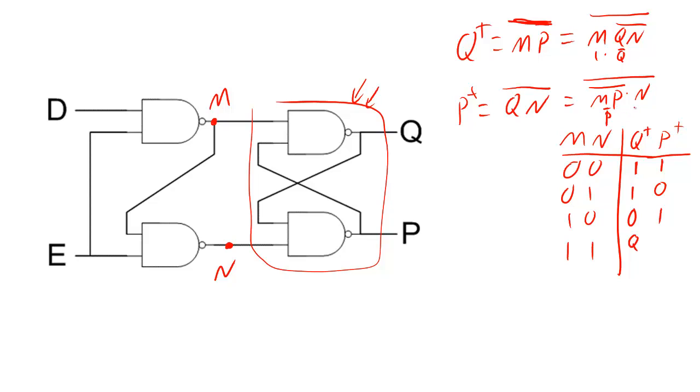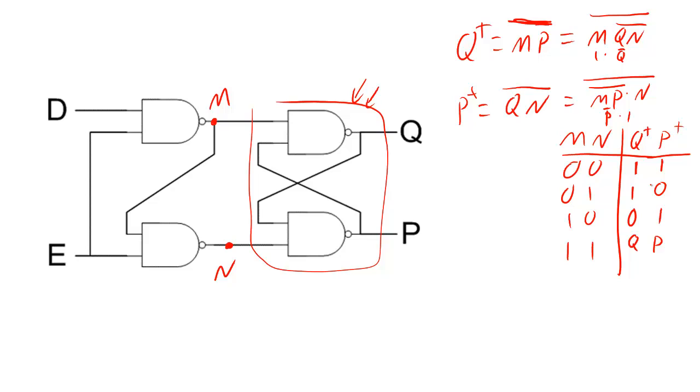And then P bar and 1 is P bar, but then we complement the whole thing, so we get P. So we can see this is basically an SR latch with everything being complemented. Okay. So we've got that behavior now.